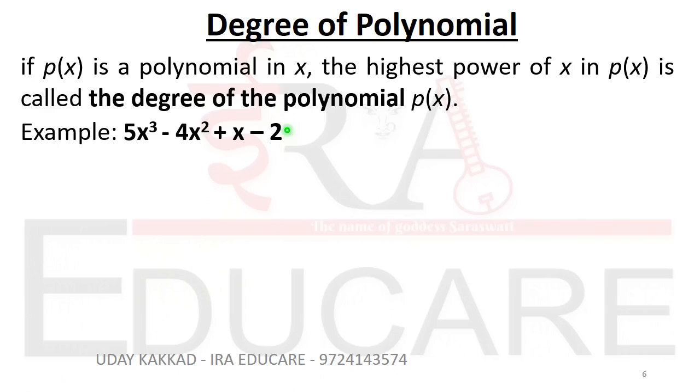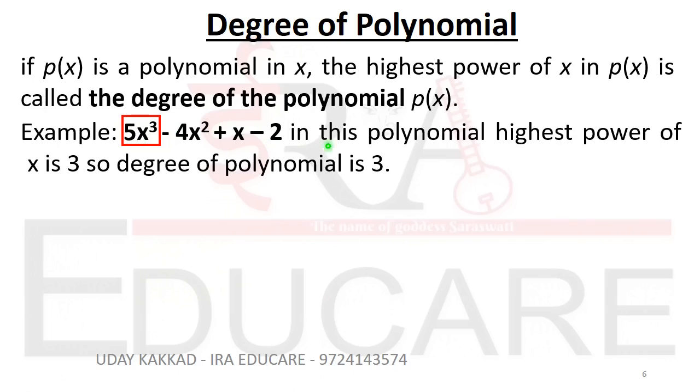Any number with power 0 automatically becomes 1. So here x raised to 0, x raised to 1, x raised to 2 and x raised to 3. So the highest power is x raised to 3. So in this polynomial the highest power of x is 3, so the degree of the polynomial is 3, right?